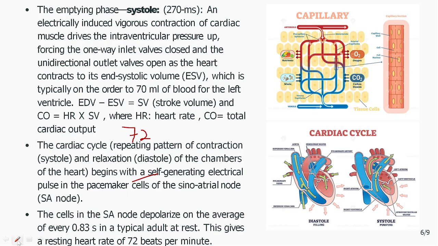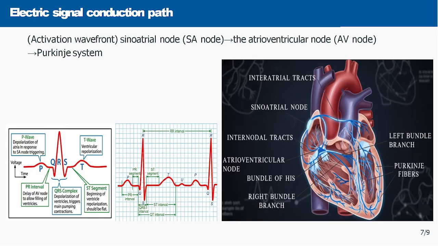So, we will see how this electrical conduction takes place in our heart. The electrical signal conduction path is like this. It starts from this point, as shown here, the SA node or sinoatrial node. Then this signal travels to the atrioventricular node.